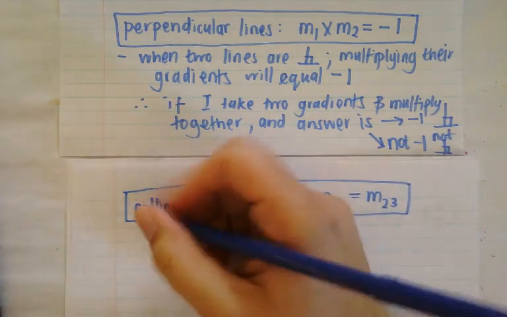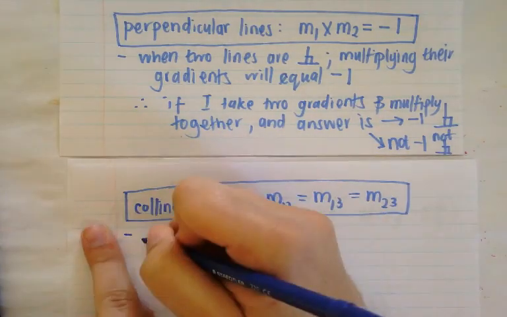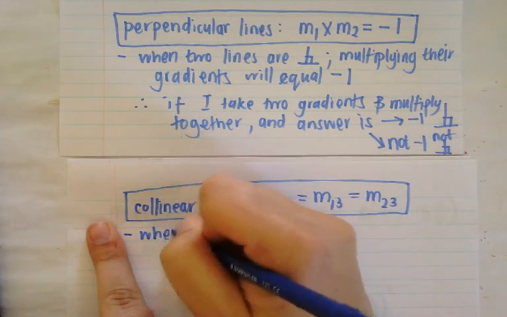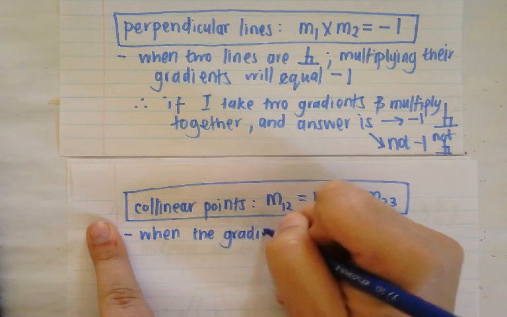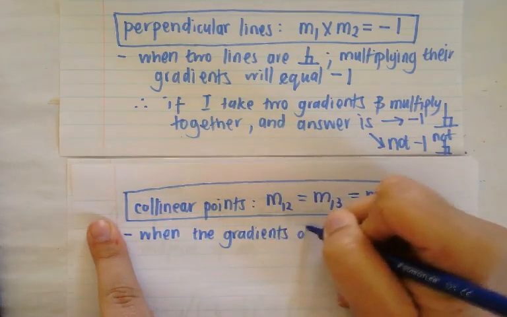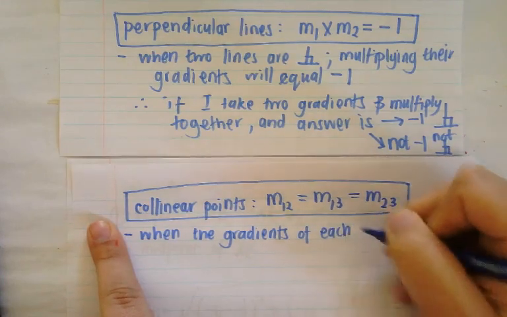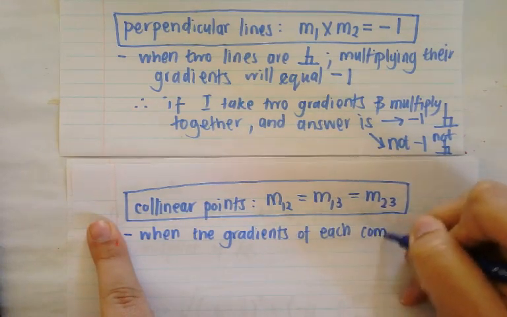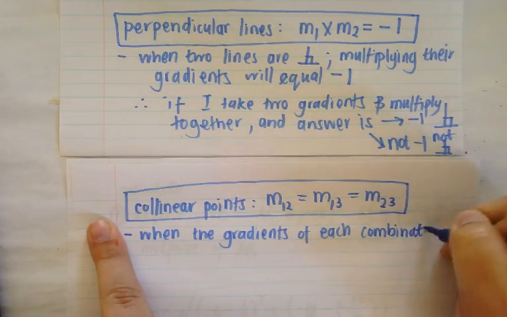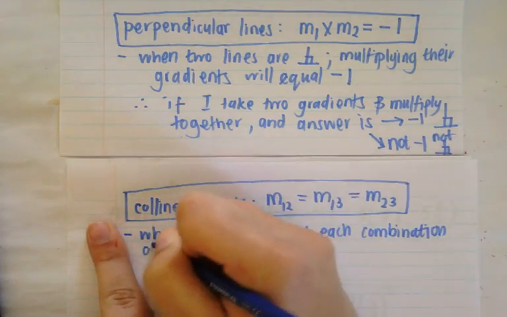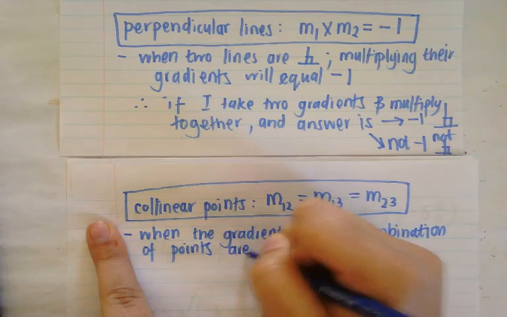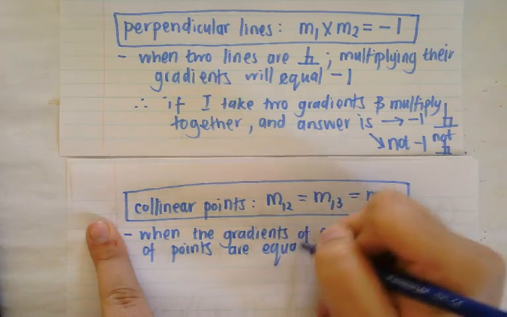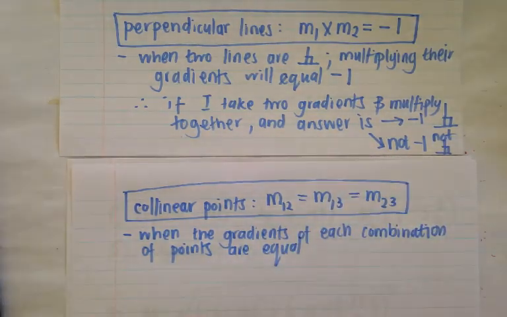So in words, collinear points are when the gradients of each combination of points are equal.